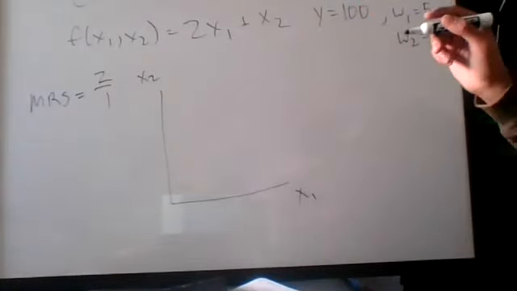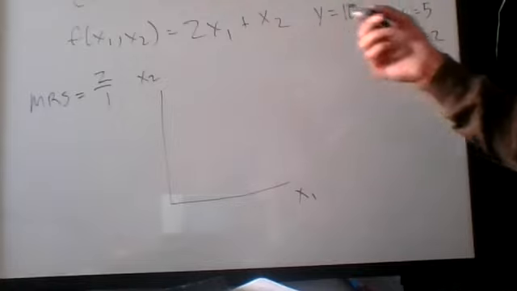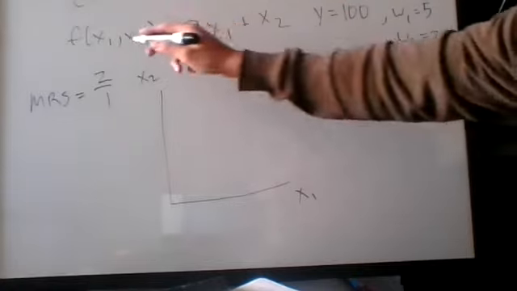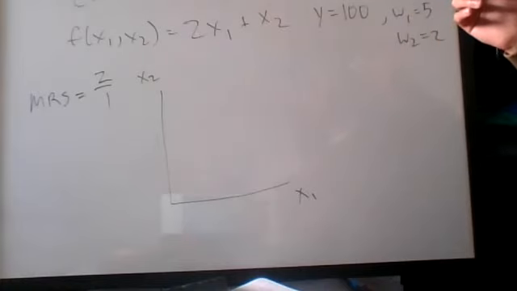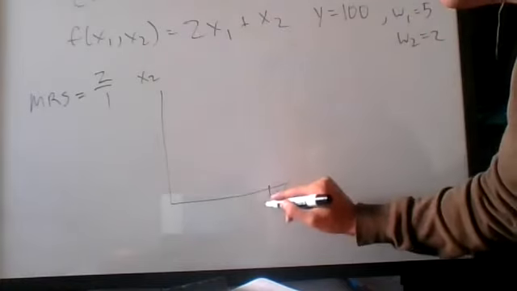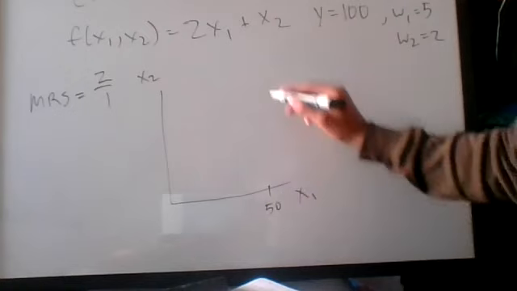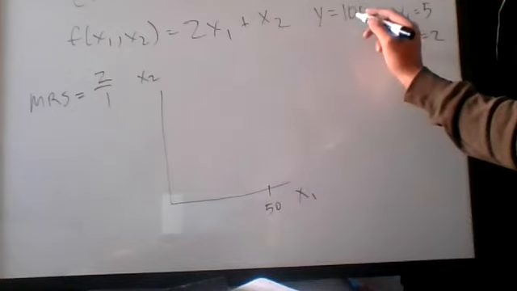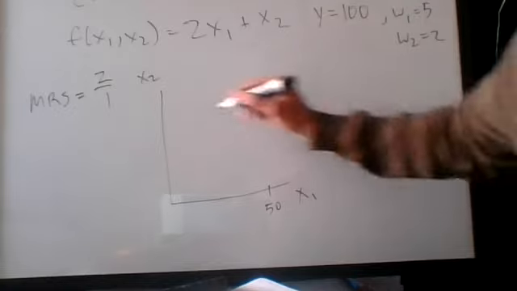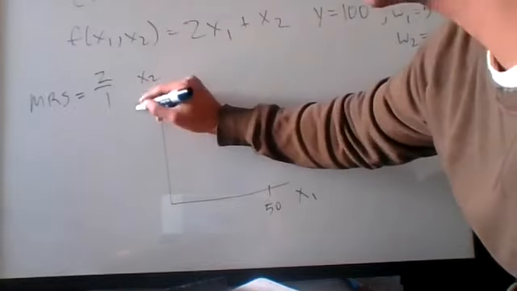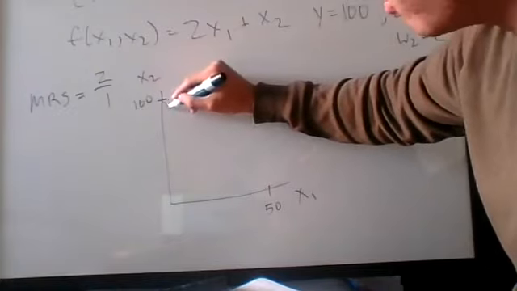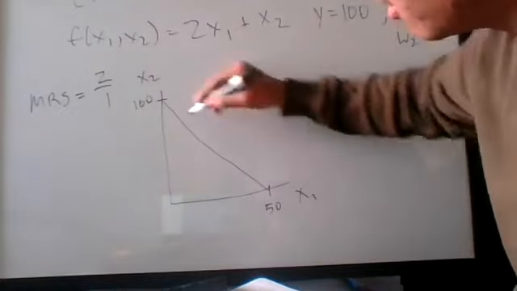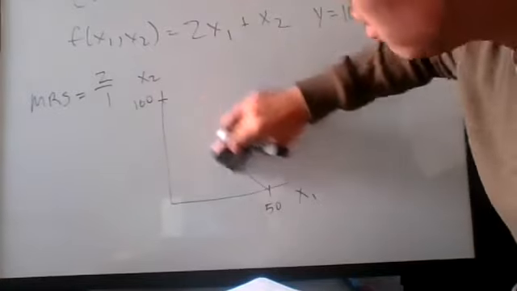We basically have a fixed isoquant, right? So we could either have 50 units of x1, and that'll get us to 100 units of production, or we could have 100 units of x2, and that'll also get us 100 units of production, right? So we know that with perfect subs, we have a linear line right here.